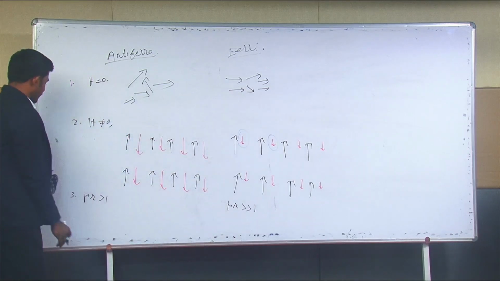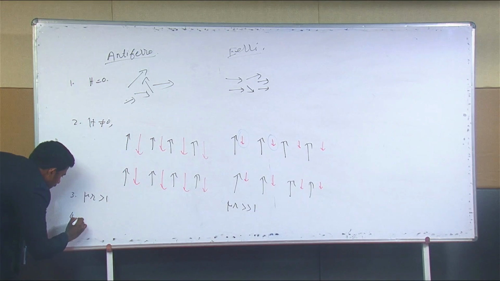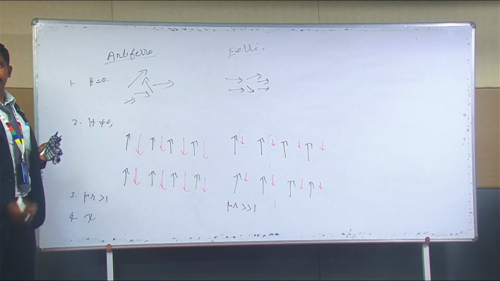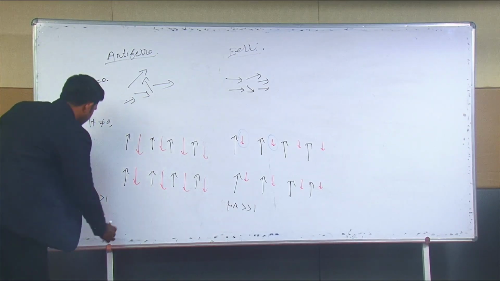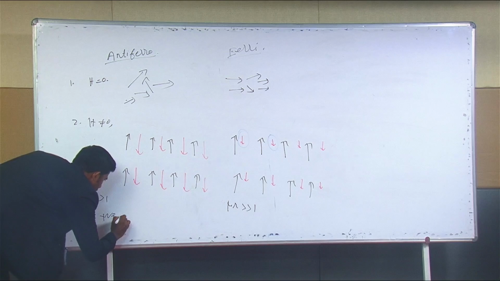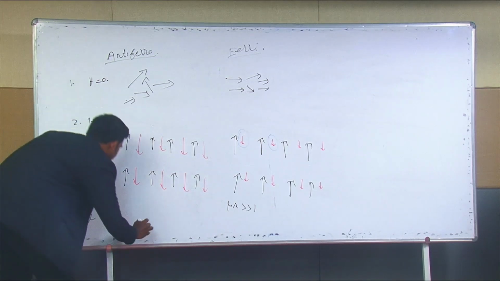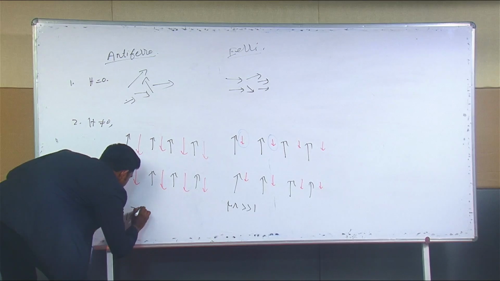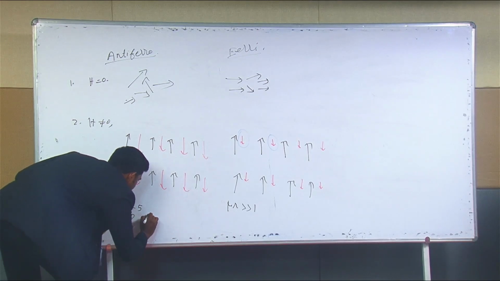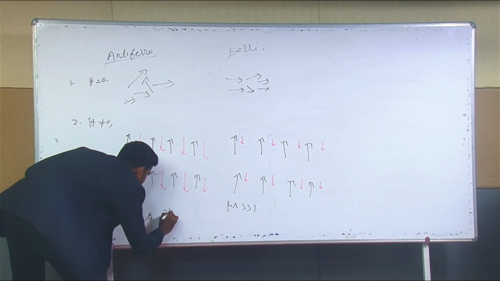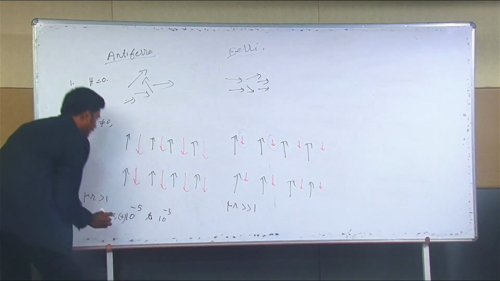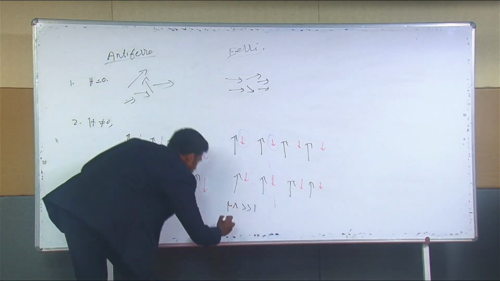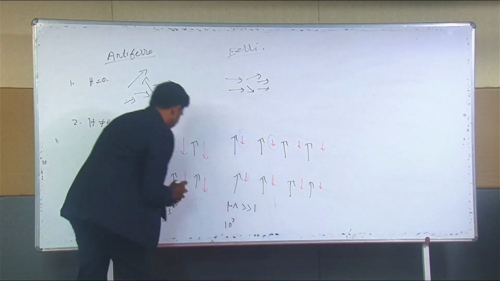If you consider the susceptibility, it is positive but very feeble, very small, 10 to the power minus 5 to 10 to the power minus 3, but positive. Whereas in the case of ferrimagnetic, it is in the order of 10 to the power 3 or 4.